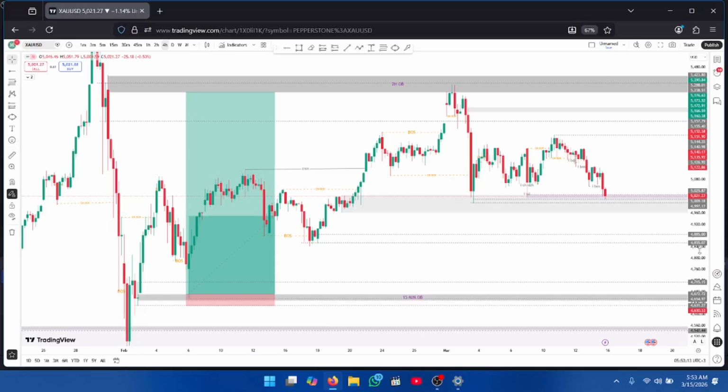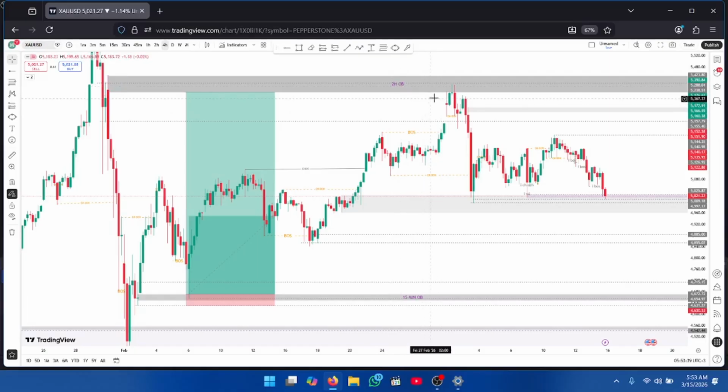On our very next trade, you can see that here we had a very strong break of structure. The market was pulling back, and it did change character about this area, and had this push to this 2-hour order block.